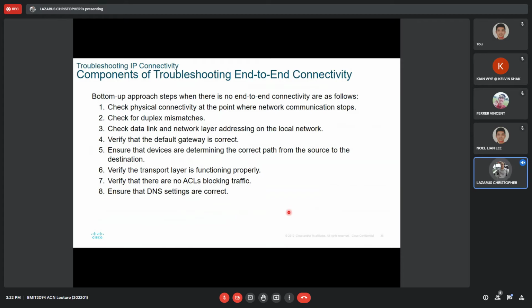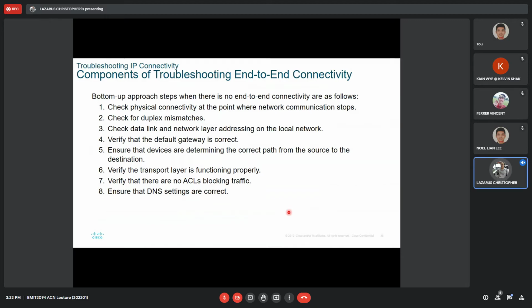We check all the physical connectivity at the point where the network communication stops. That means we want to see whether the network connectivity stops because of a connection problem, that is, a physical connection problem. Maybe a disconnection of the cable, or the interface itself is shut down.